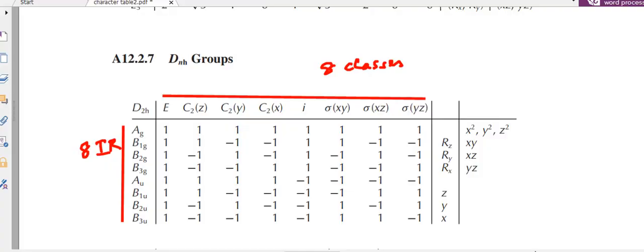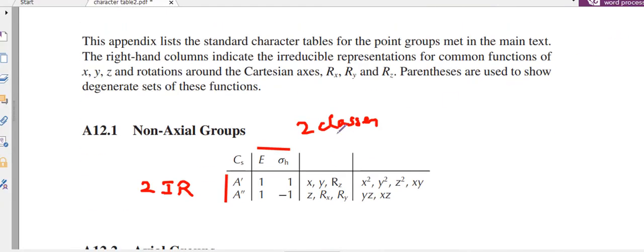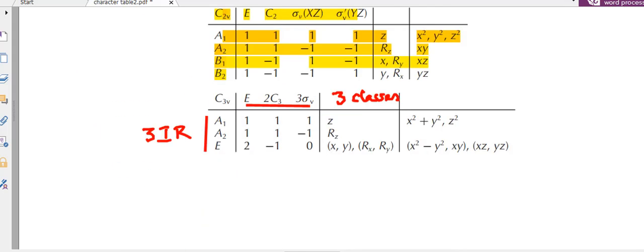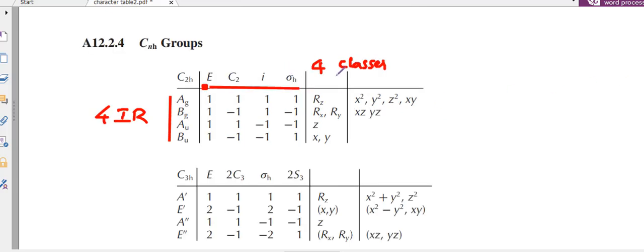Next thing we will learn from whatever we have done so far. Here you find two classes and two irreducible representations. Here you have three classes and three irreducible representations. Here you have four classes and four irreducible representations.